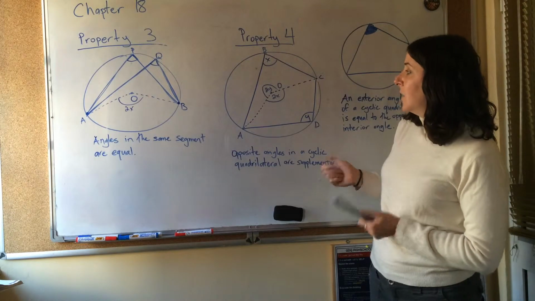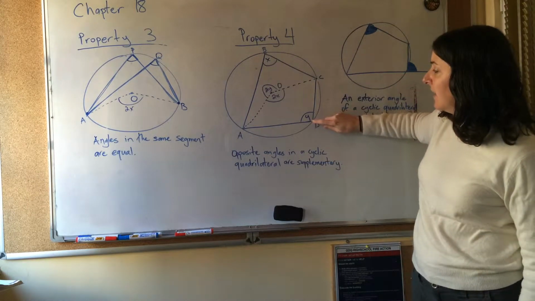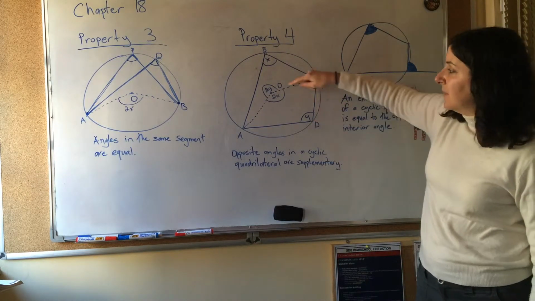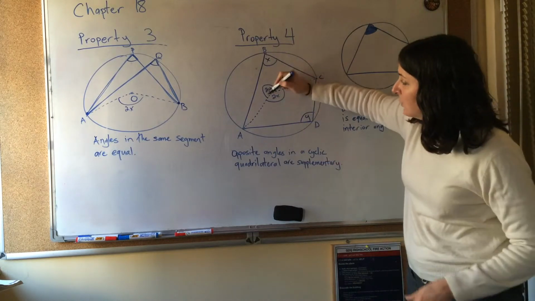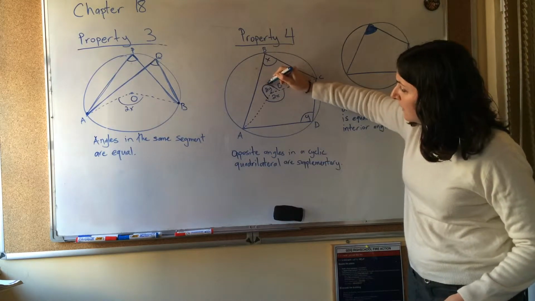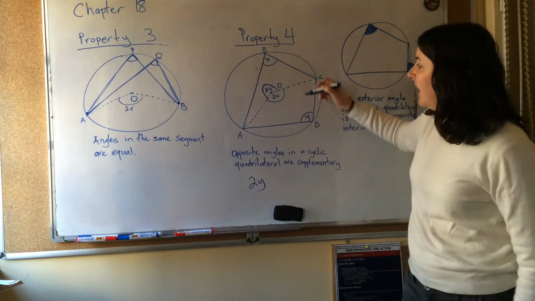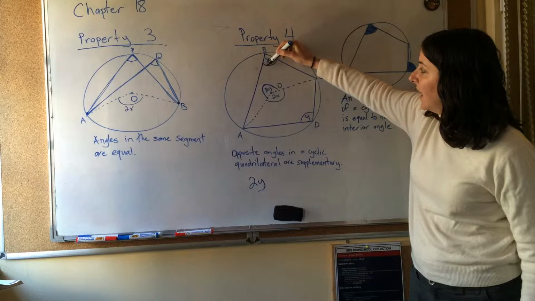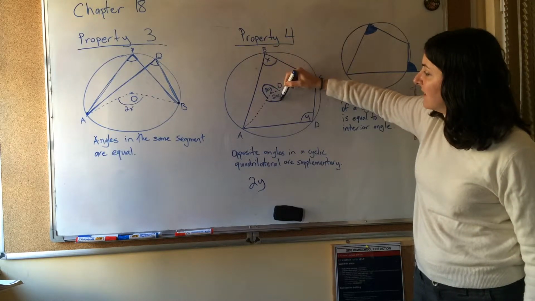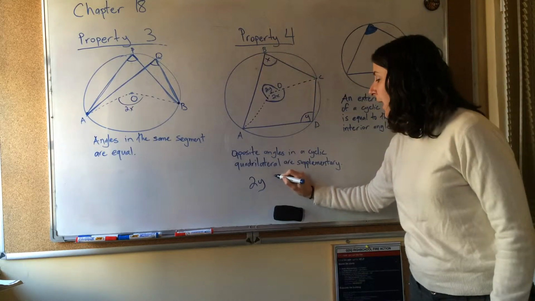So why is this true? Again, what we're looking at, if this is the angle at the circumference, that means the angle at the center, that's this one, is going to be 2 times as big. So that's 2y. And then we have over here, if this is x, then this angle at the center has to be equal to 2x.